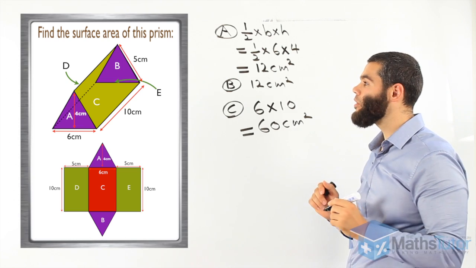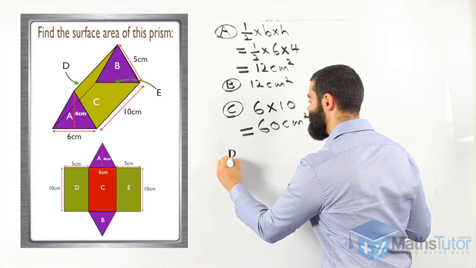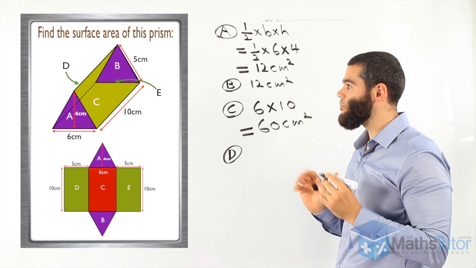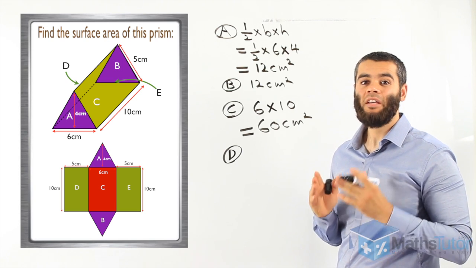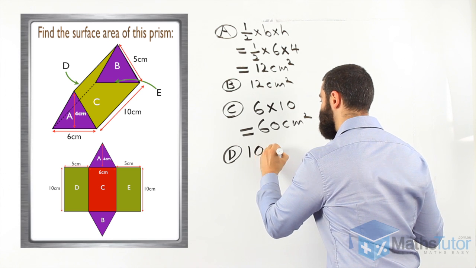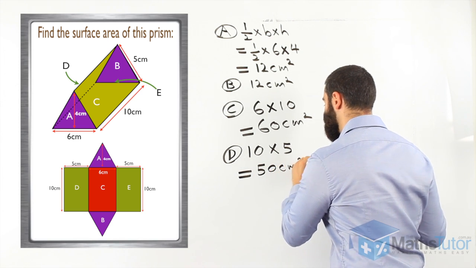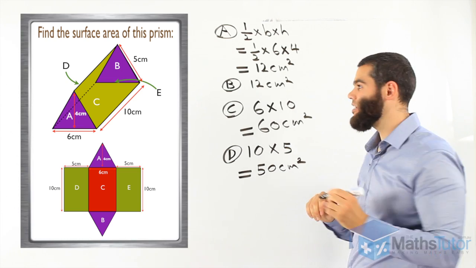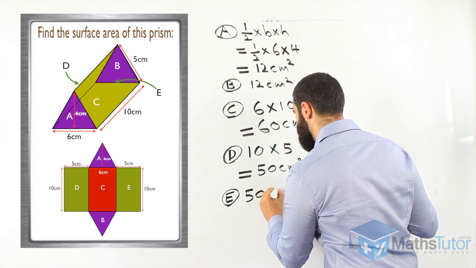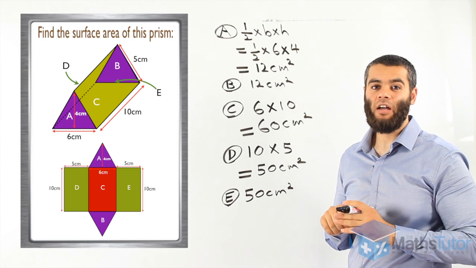Now next, we've got to work out the sides, D and E. Starting with D, we know that both of them are the same size. 10 times 5, they are rectangles. 10 times 5, 50 square centimeters. That's the area of D, and E is the same, 50 square centimeters. So we have found the area of the 5 faces.